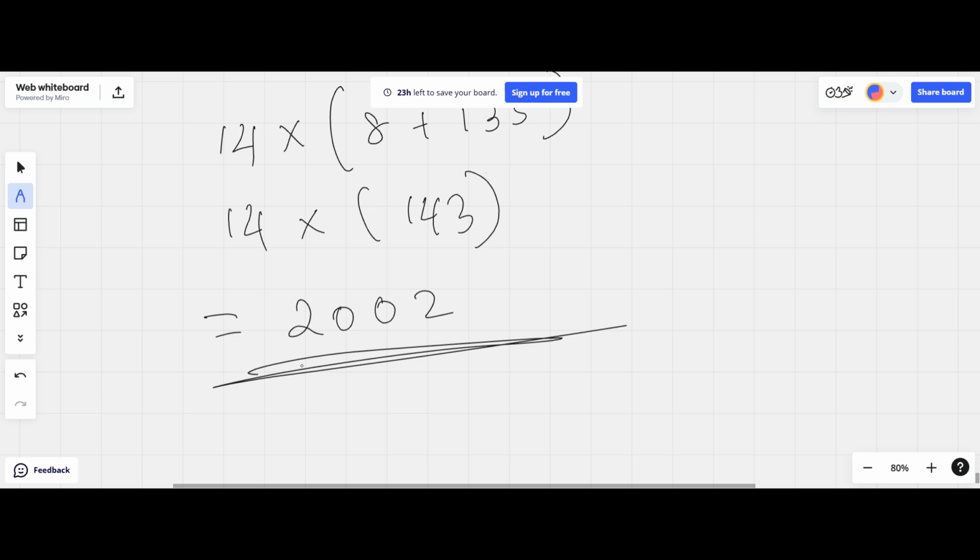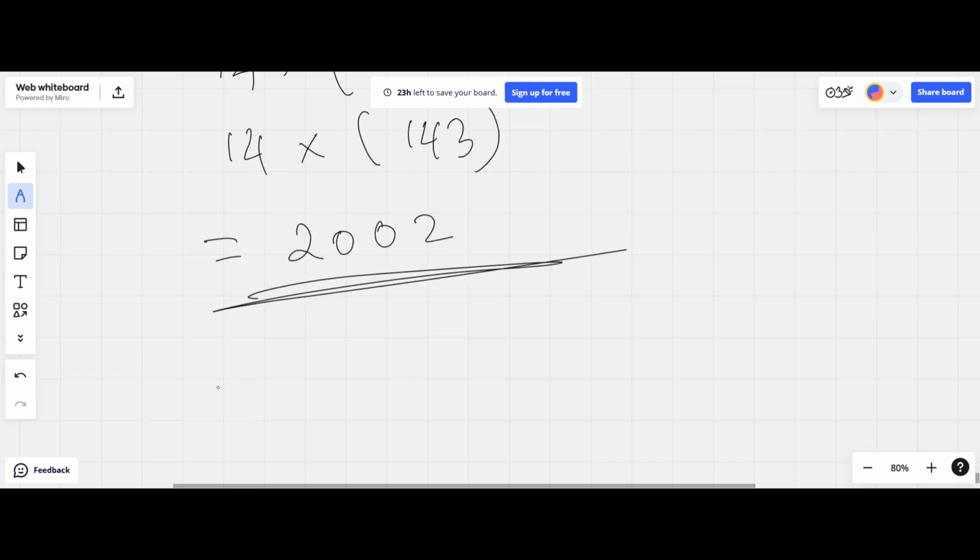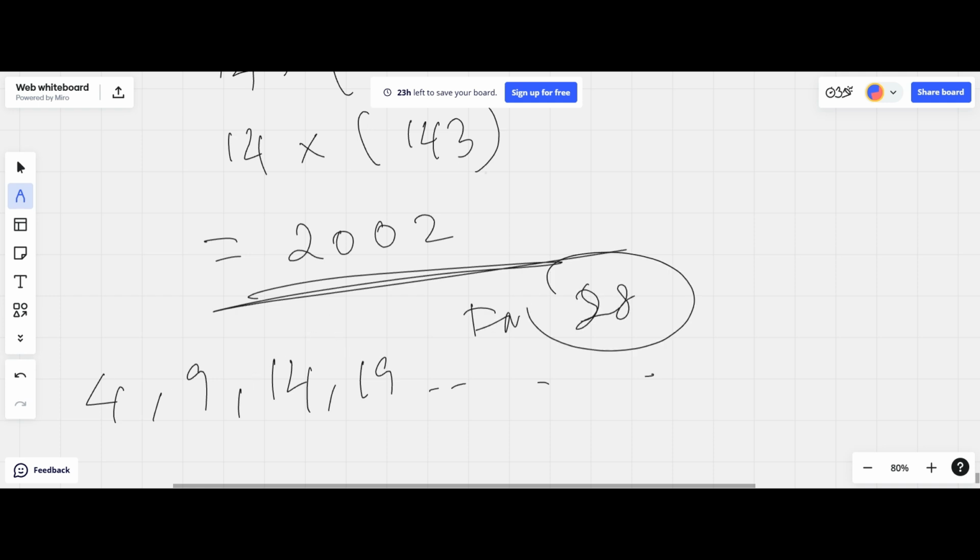So the sequence is 4, 9, 14, 19. In this sequence, if you add the first 28 numbers, you will get 2002. That is the question.